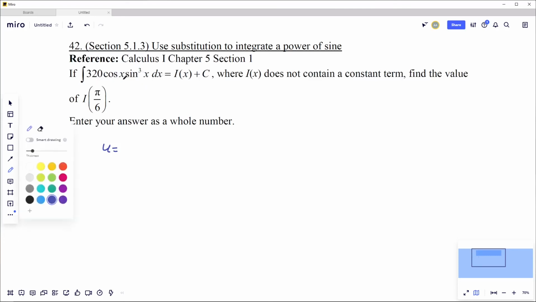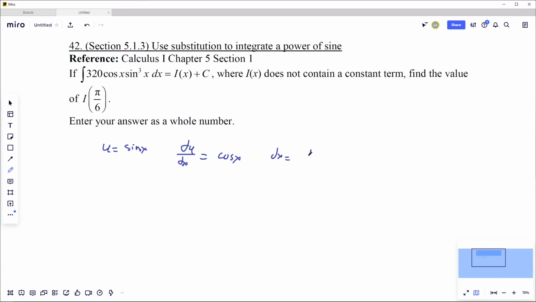So picking the higher power is better here, because sine and cosine are not inverses, but their derivatives will give you the other. So pretty much, u equals sine of x, and du over dx gives you derivative of sine of x is cosine of x, and dx equals du over cosine of x.